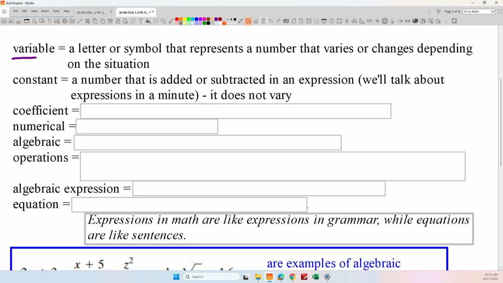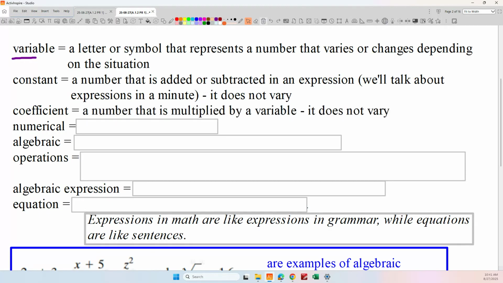Be brave. Coefficient. A coefficient is a number that sits in front of a variable, that's multiplied by a variable. Is that ringing a bell?